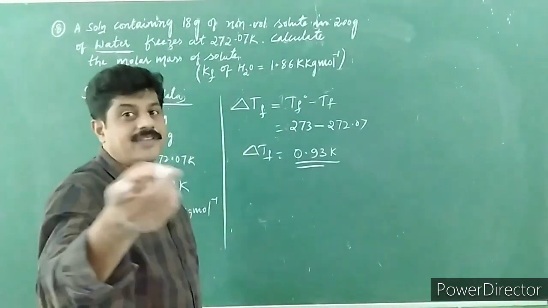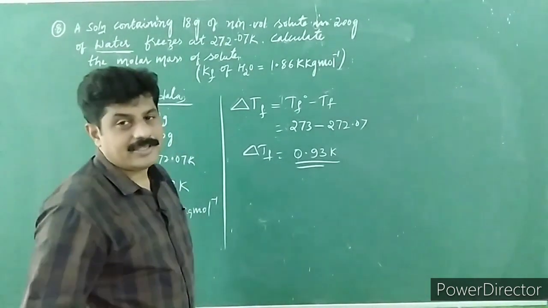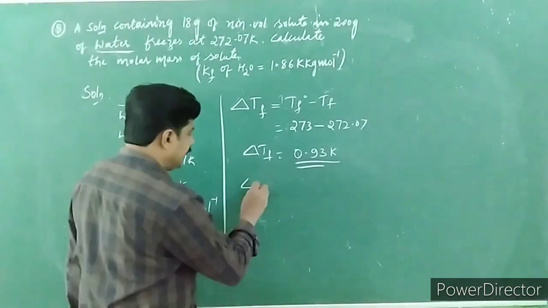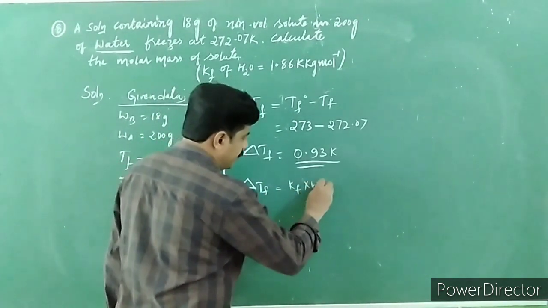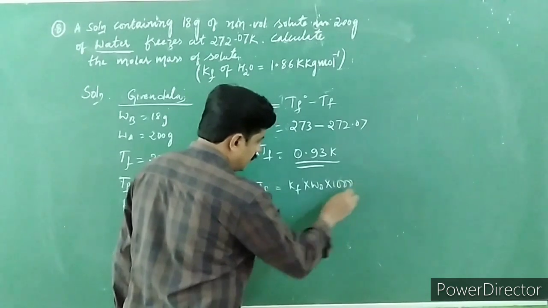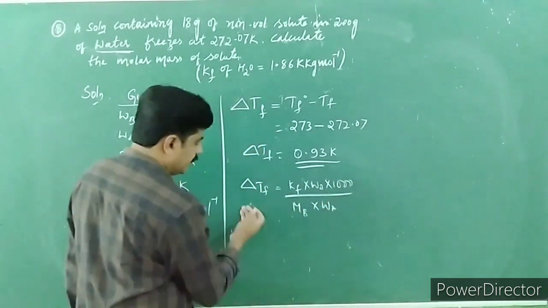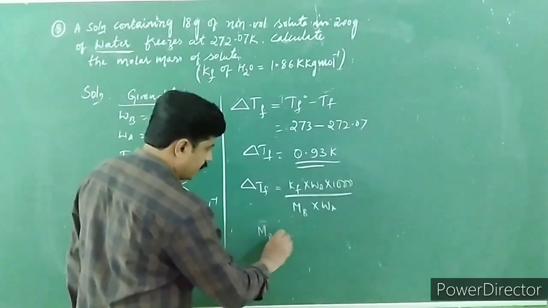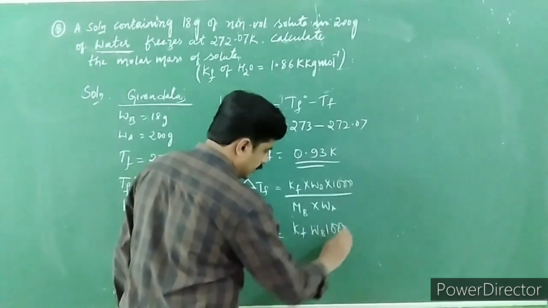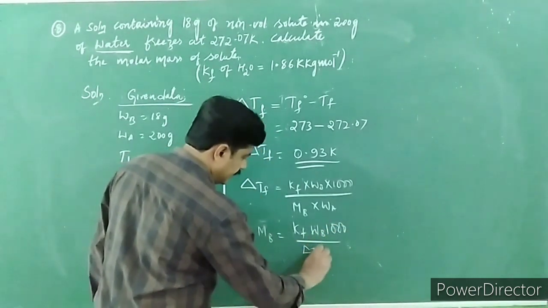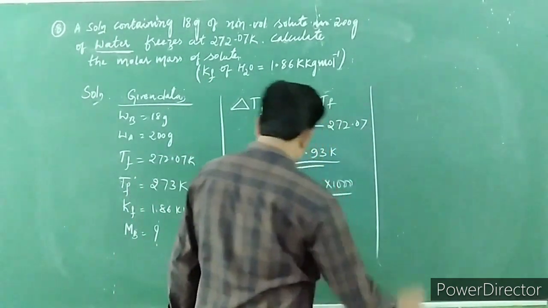Once you have this delta TF, it is easy for you to calculate MB, nothing but the molar mass of the given solute. Now delta TF is equal to Kf into Wb into 1000 upon MB into Wa. Reshuffle, look here. MB is equal to Kf Wb into 1000 upon delta TF into Wa. I'll substitute the values here.